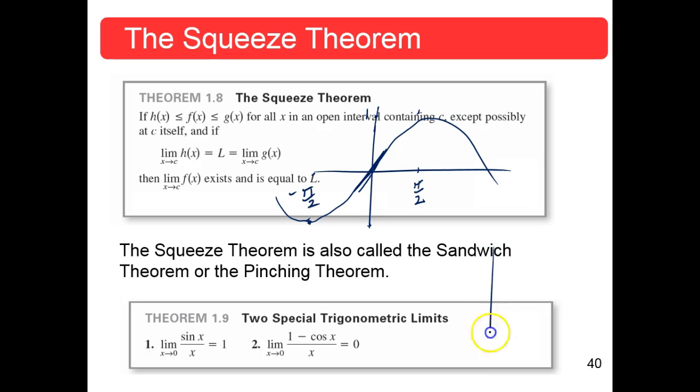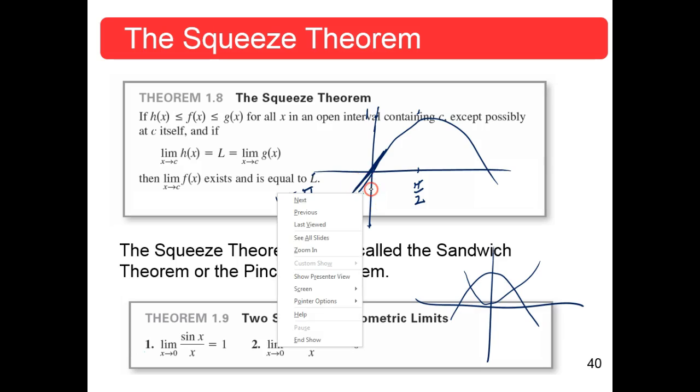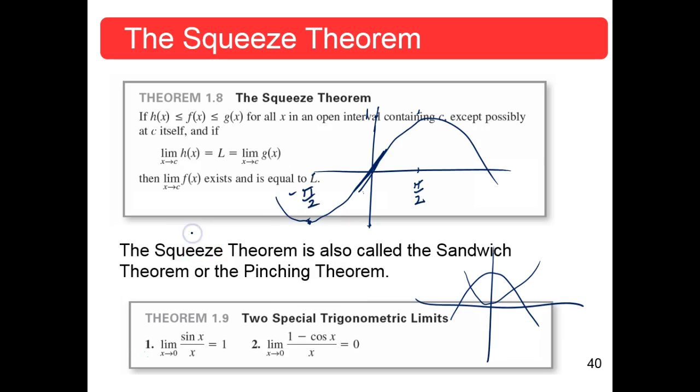What does that look like? Well, the cosine function basically is like that, right, near 0. And 1 minus the cosine function would be something like that. Sorry about that.